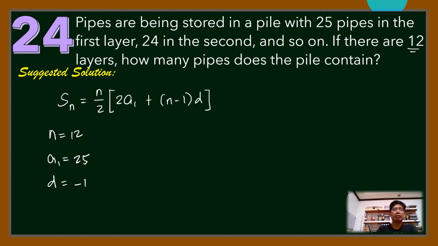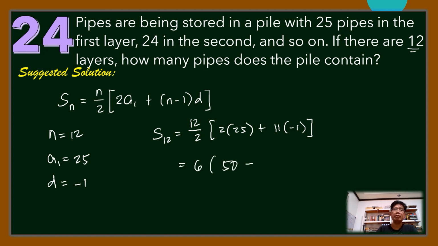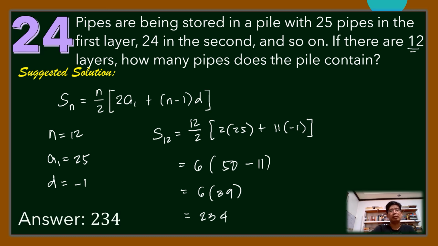So we have S sub 12 is equal to 12 over 2 times 2 times 25 plus 11 times negative 1. 12 over 2 is 6 times 50 plus negative 11. So we have 6 times 39. 6 times 39 is 6 times 30 plus 6 times 9, that's 180 plus 54. So we have a total of 234 pipes in the pile.